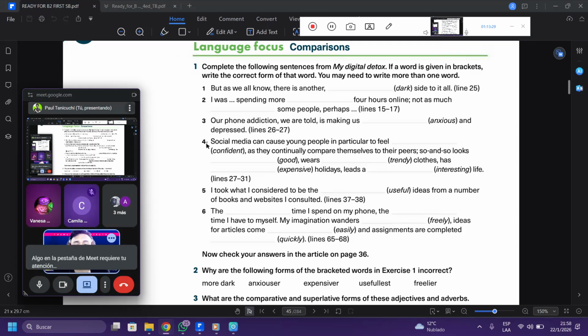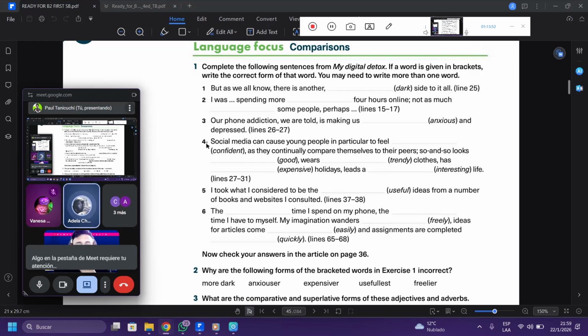Number 4, Adela, please. Social media can cause young people in particular to feel less confident as they continually compare themselves to their peers.